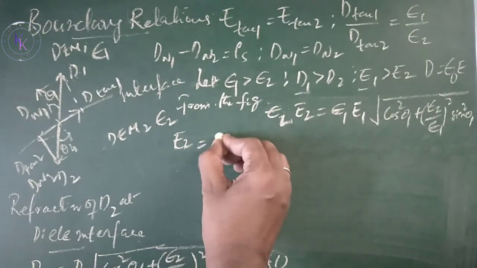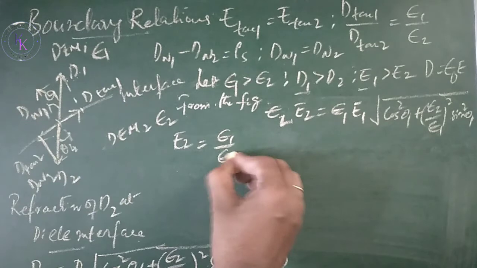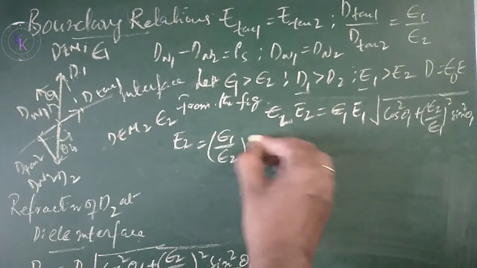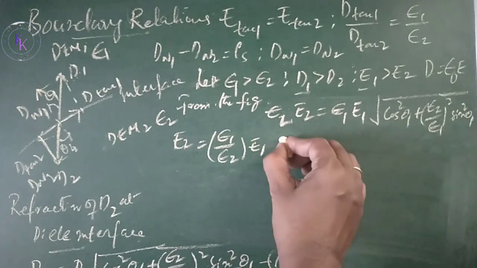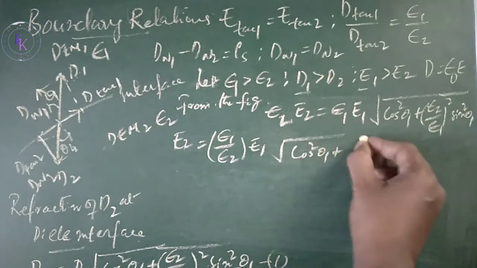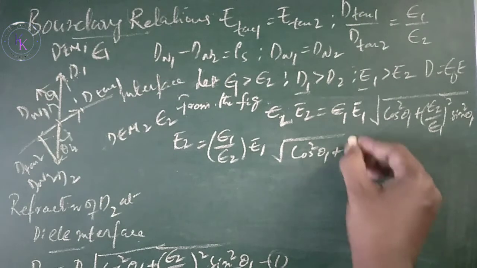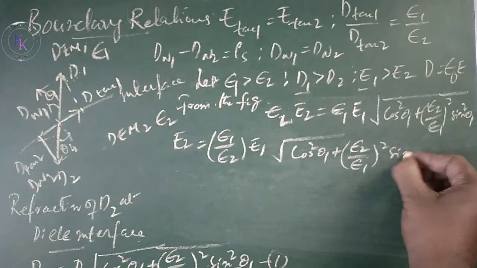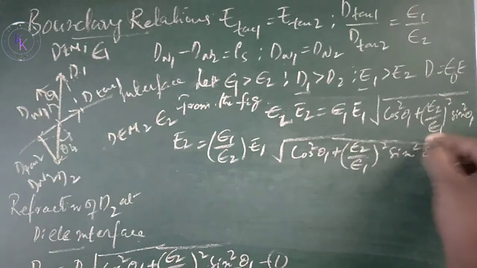E2 equals epsilon 1 divided by epsilon 2 of E1 square root of cos square theta 1 plus epsilon 2 by epsilon 1 whole square sin square theta 1.